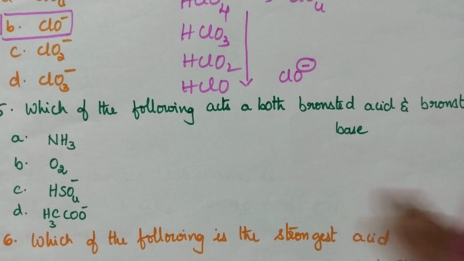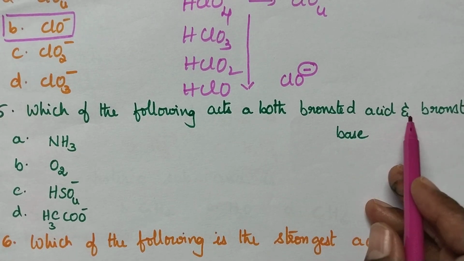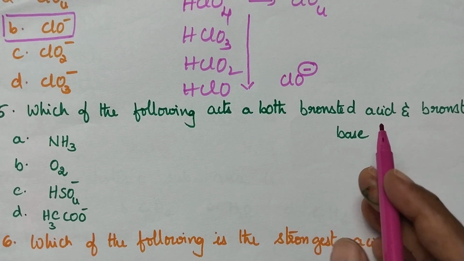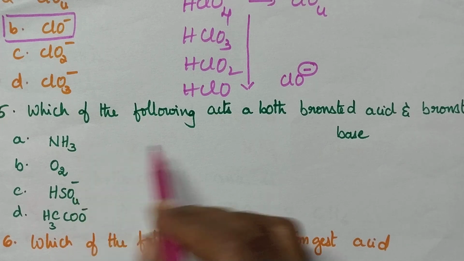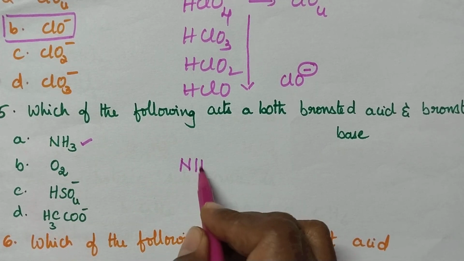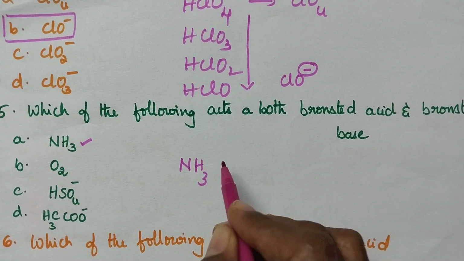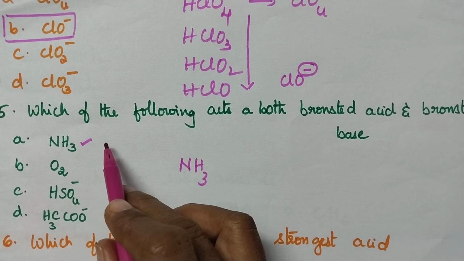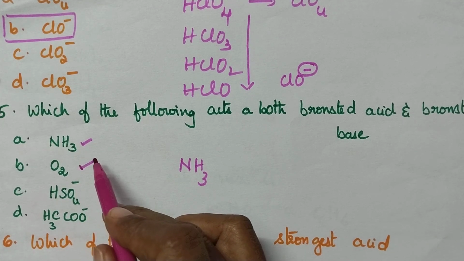Which of the following acts as both Bronsted acid and Bronsted base? If you consider NH3, it is capable of accepting a proton, so it will act as a base. Next O2, it will neither accept a proton nor donate a proton.